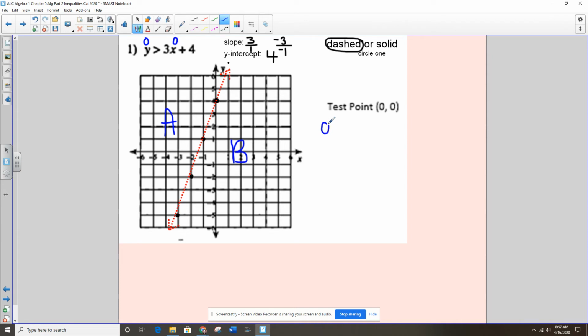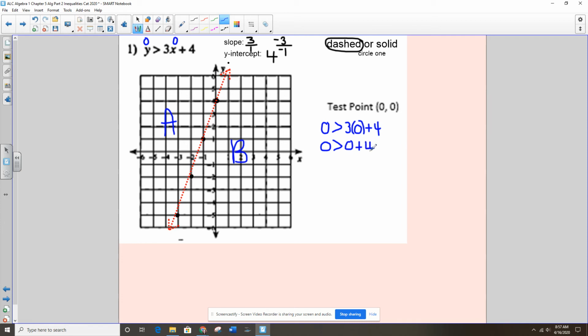So 0 is greater than 3. Remember, a letter up against a number is the math lazy way to say times. So 3 times 0 plus 4. The 0 is going to hang out to see what happens. 0 is greater than, and 3 times 0 is 0, 0 plus 4.